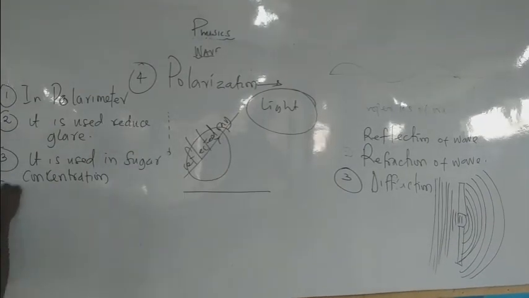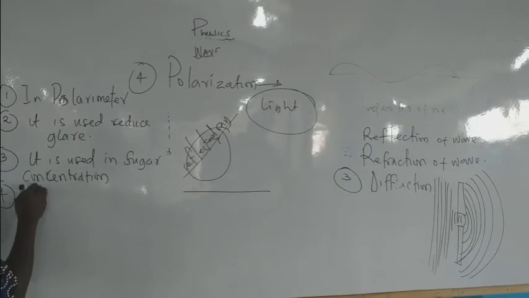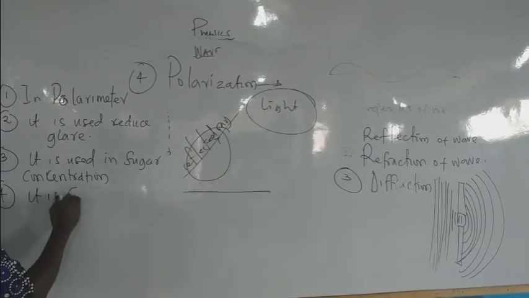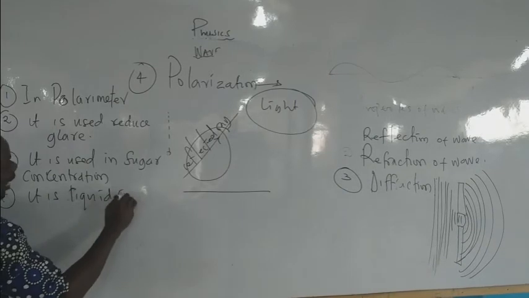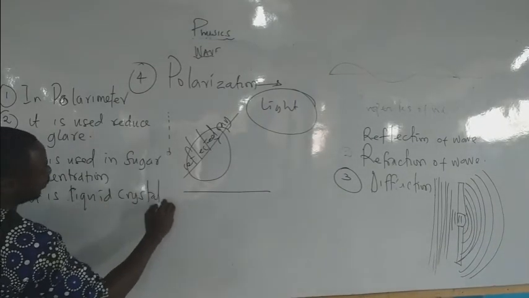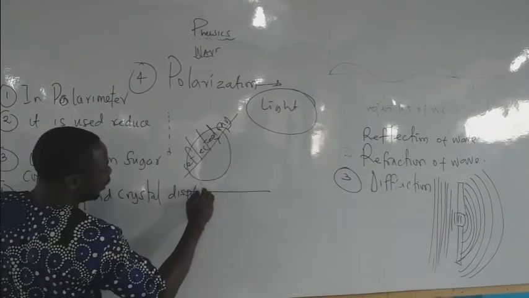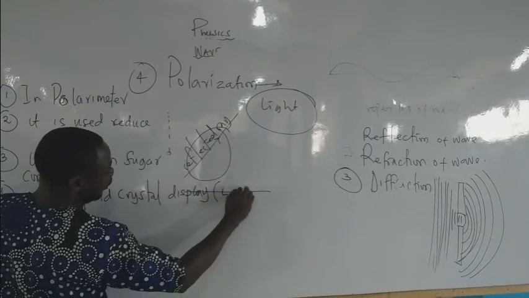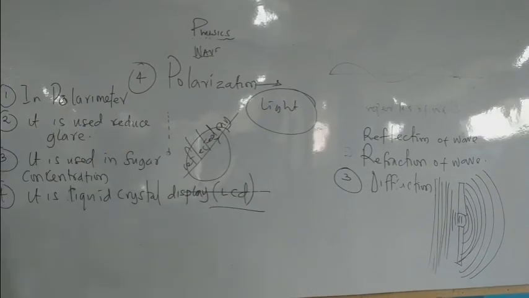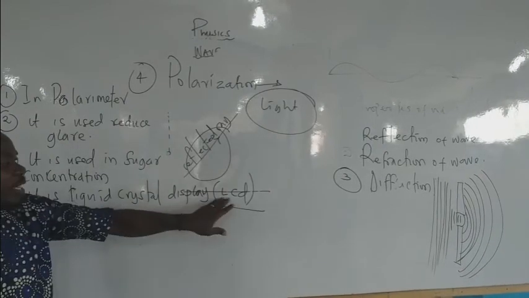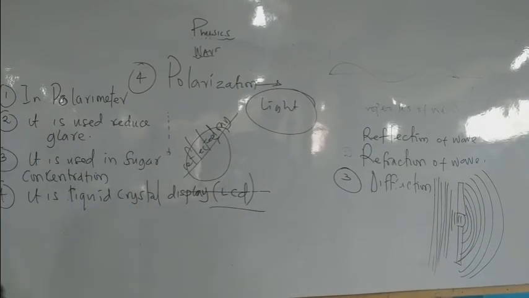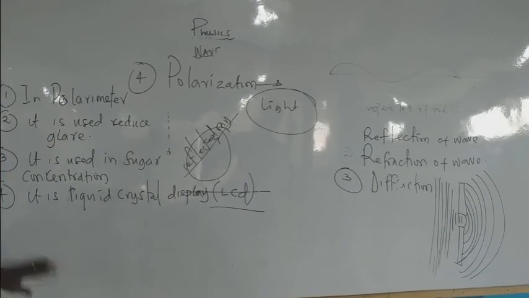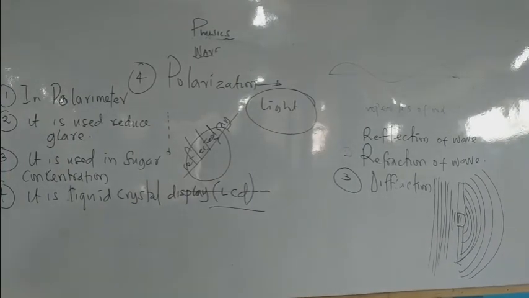Number four, it is used in liquid crystal display, LCD. Most of us have it on our phone, where you touch the lights. You see the LCD there. That is liquid crystal display. It is an application of polarization.